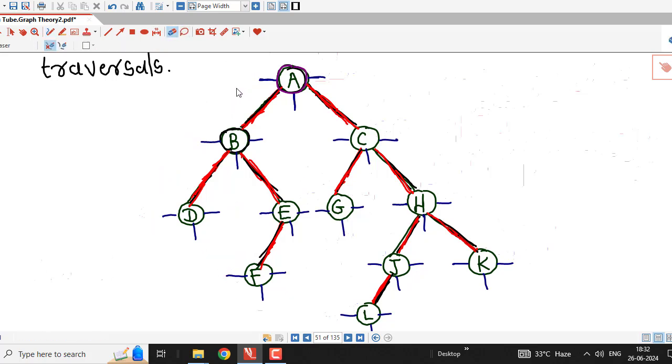And while traversing this tree along that closed curve, what we will remember is that when closed curve touches this line, then we will write down vertex A in pre-order. When closed curve touches this line, we will write vertex A in order, and when closed curve touches this line, we will write vertex A in post order.